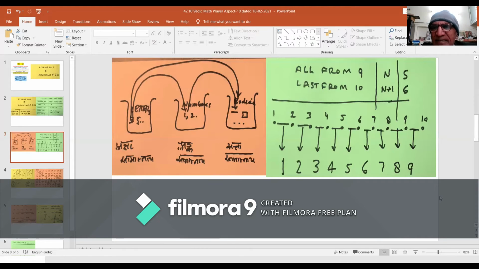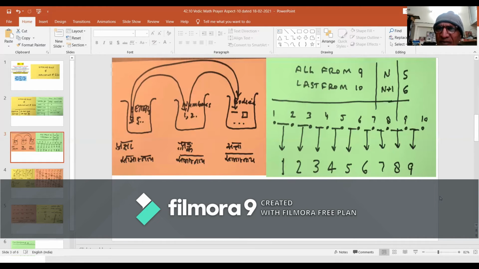How is it that everything is from 9 and still the last is from 10? The last of any composition, last of any collection, last of any collectivity, the last of any set is part of the set. Once it is a part of the set, how can that happen?